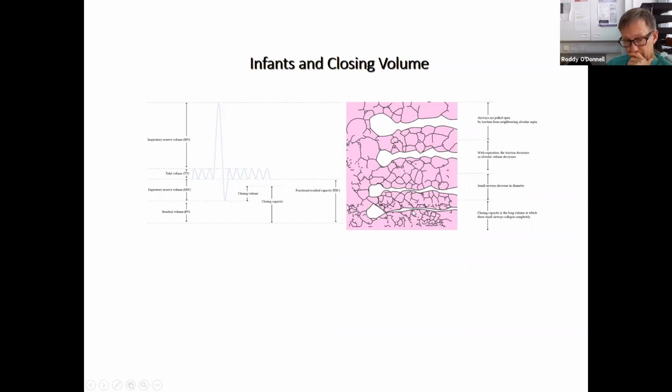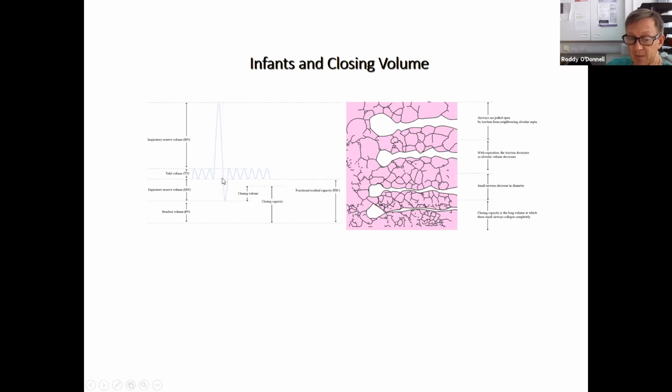Now, in general, healthy, fit, young adults can't breathe out to the point at which they reach closing volume, because their expiratory reserve volume won't allow them to do that. However, in infants, where they've got this pliable chest wall, infants, particularly newborns, can actually breathe out to the point at which the airways start to close like this in normal circumstances.